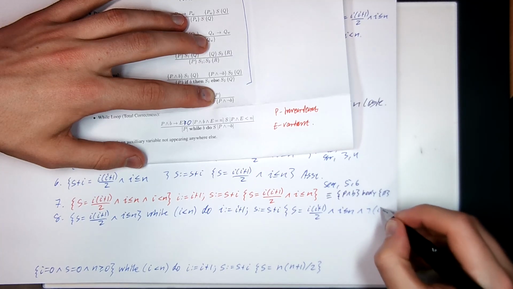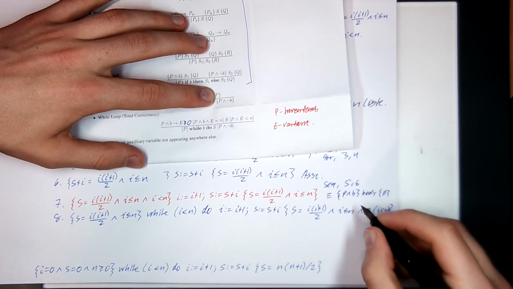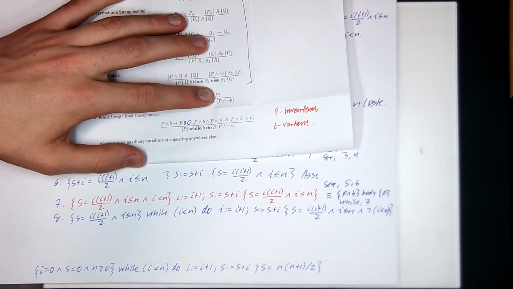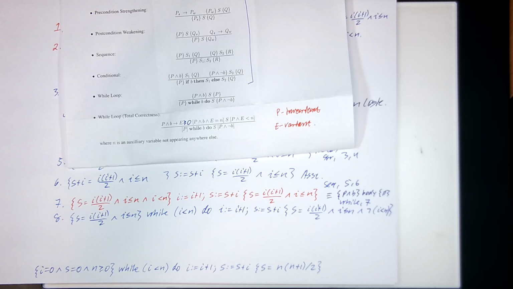So it's false to say I is strictly less than N. So by the while rule, 7. Okay? So far, so good.